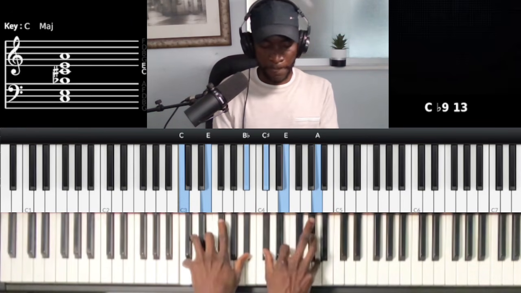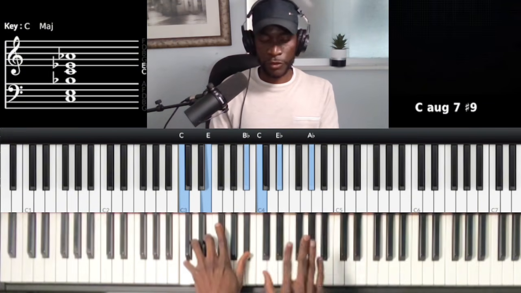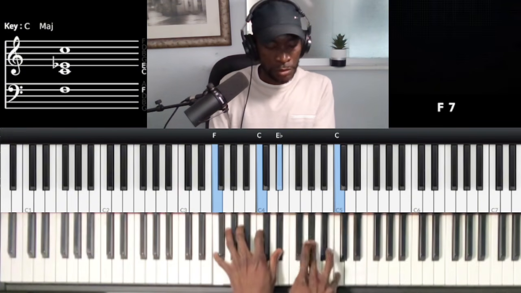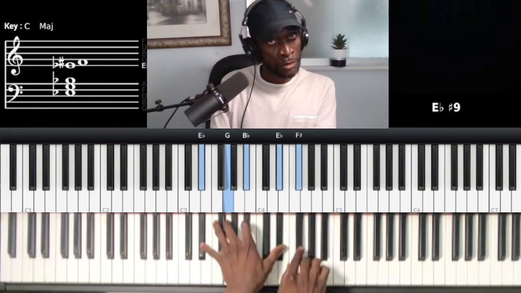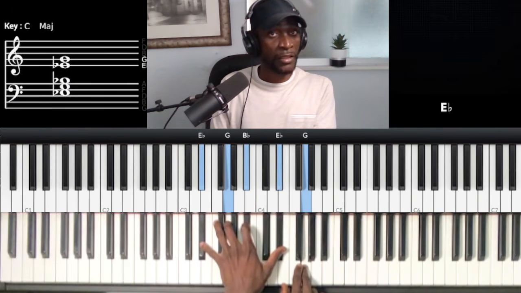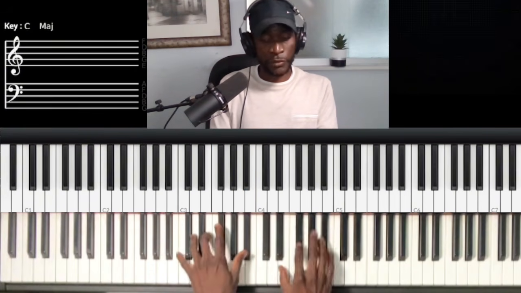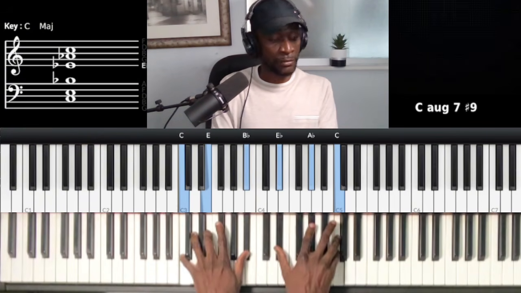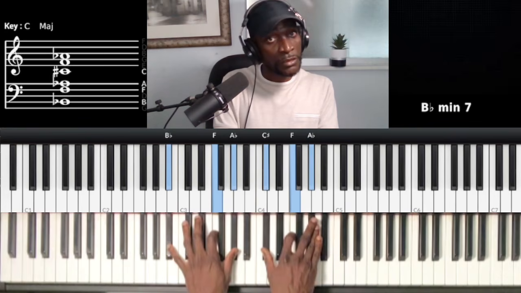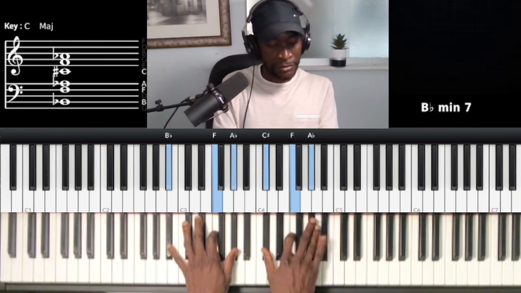We have here. So we can use it as if it was the 6 in the key of E flat. We can also use it as if it was the 7 in the key of C. Okay.